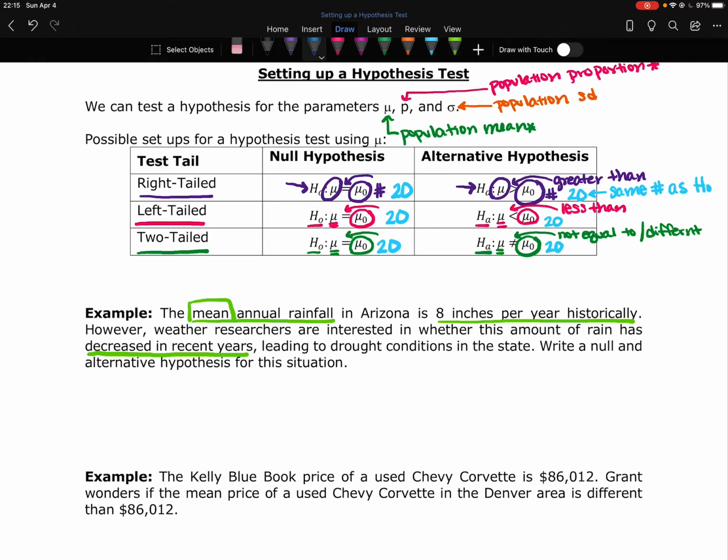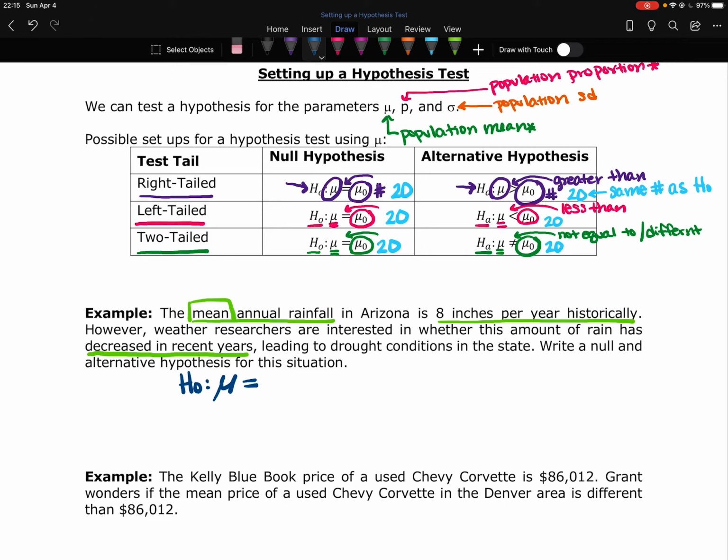So to write out this null and alternative, you're going to write your null by starting with H0. And if we're looking at the mean annual rainfall, then the parameter that we're testing is mu. Your null is always going to be equal to whatever you were presented with as the historical information.